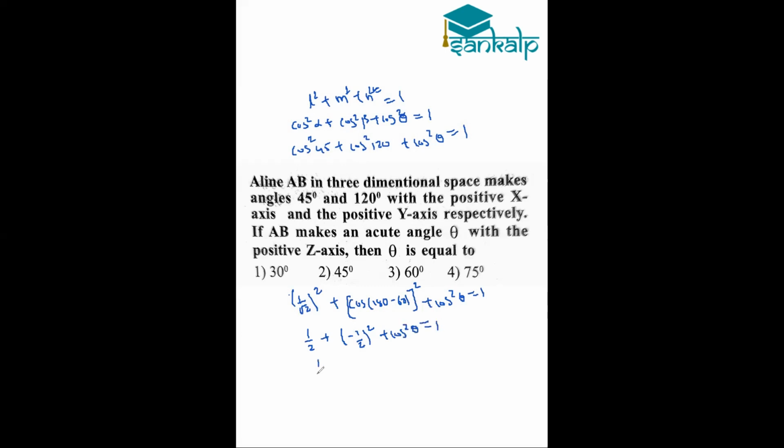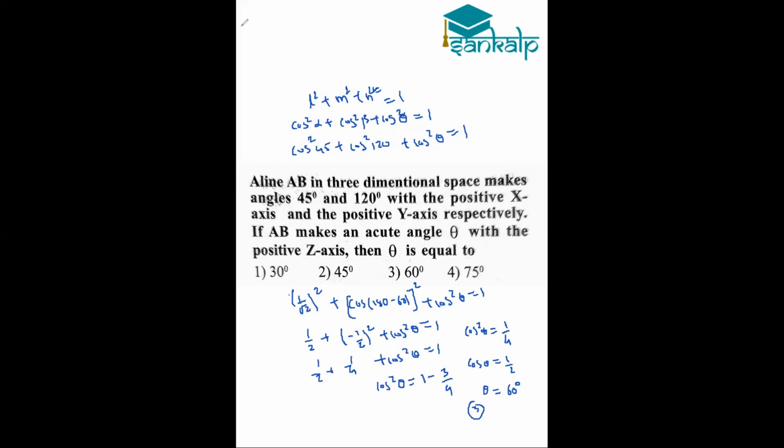This will be 1 by 2 plus 1 by 4 plus cos square theta is equal to 1, or cos square theta is equal to 1 minus 3 by 4, or cos square theta is equal to 1 by 4, or cos theta is equal to 1 by 2, which is for 60 degrees. So option 3 is the right option.